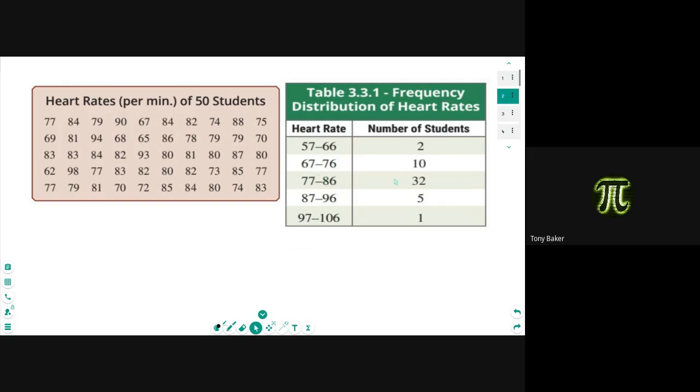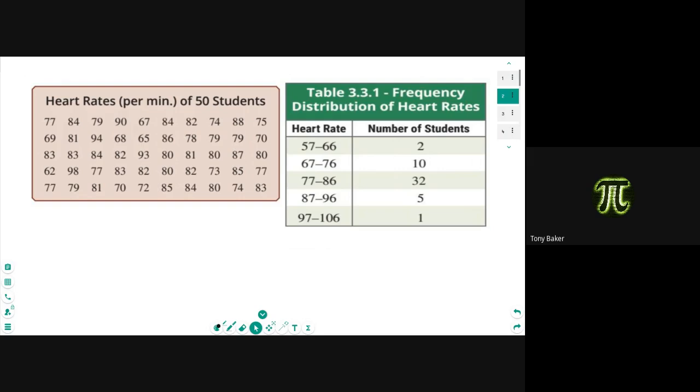Why do we do 57 to 66? Why couldn't we have done 7 in each one, or 8, or 20? There has to be some way to organize it and keep it semi-standard, and still allow us to see the information correctly.